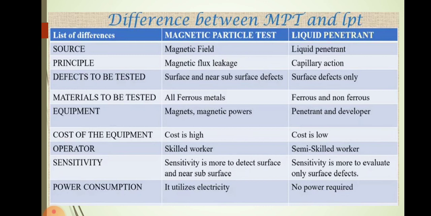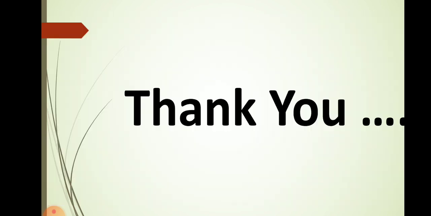Sensitivity is higher in the magnetic particle test for detecting surface and subsurface defects, whereas in the liquid penetrant test sensitivity is only for evaluating surface defects. Power consumption: the magnetic particle test consumes electricity, whereas no power is required in the liquid or dye penetrant test. So these are some difference points between the magnetic particle test and the liquid or dye penetrant test.